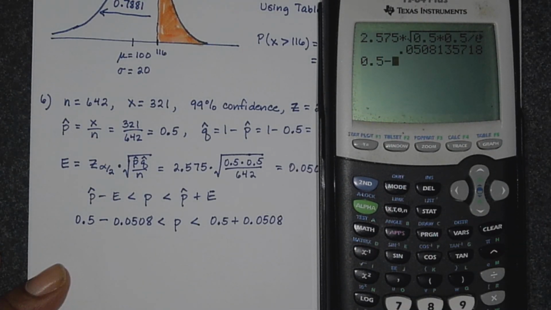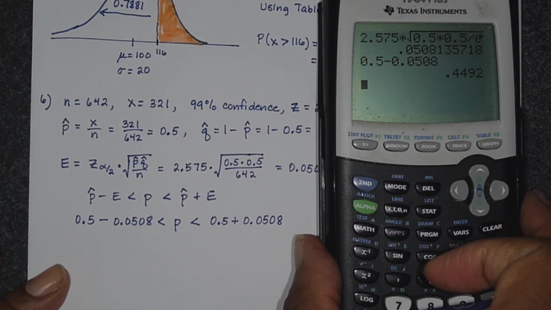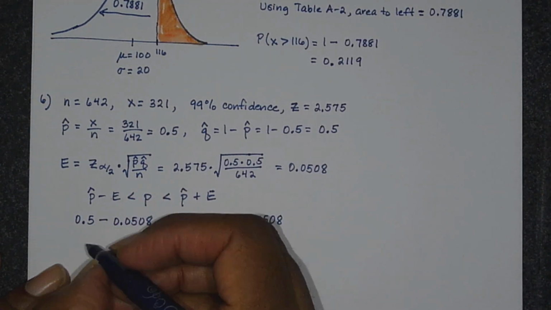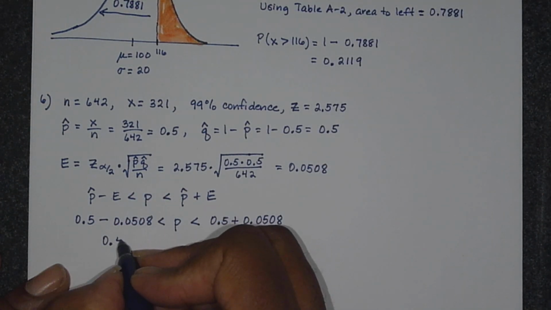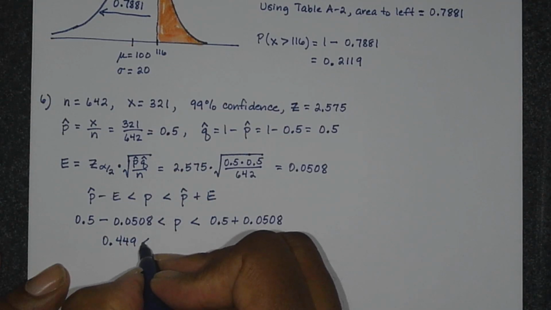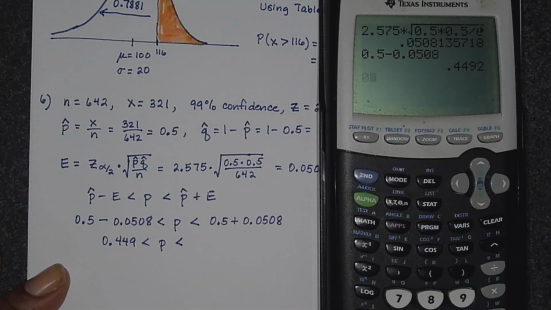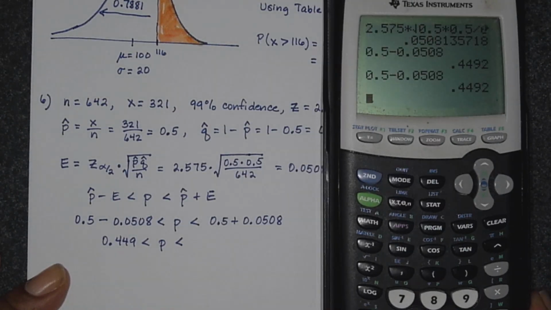So if I do 0.5 minus 0.0508, and if I round that off to 3 decimal places, that would be 0.449. And that's less than p and less than, I'll do 0.5 plus 0.0508.